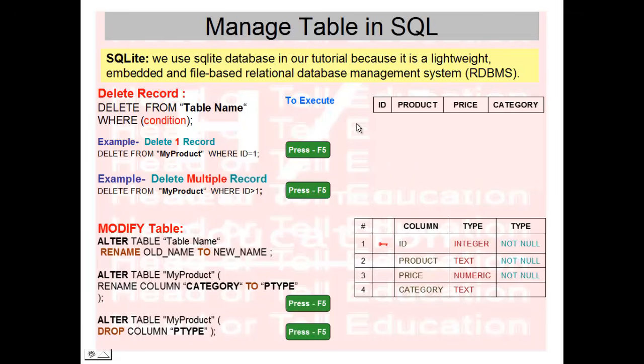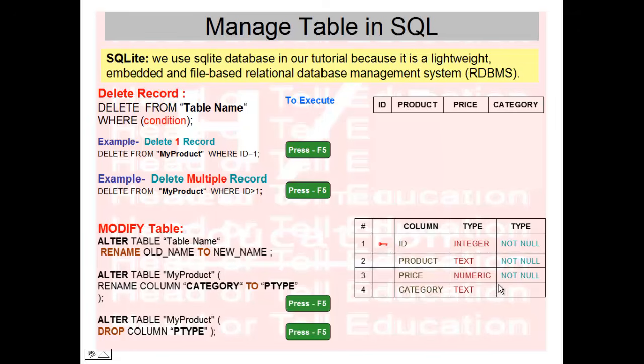Okay, now modify the table. This time we are going to update or modify the table. We already saw our table structure: id is an integer primary key, not null; product is text, not null; price is numeric, not null; and category is text, which is null.